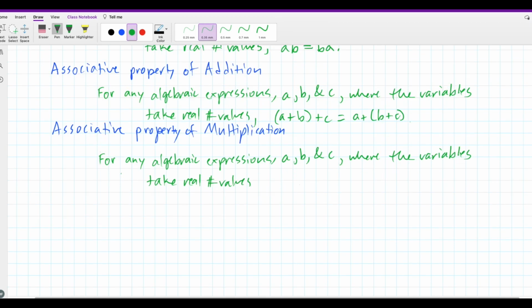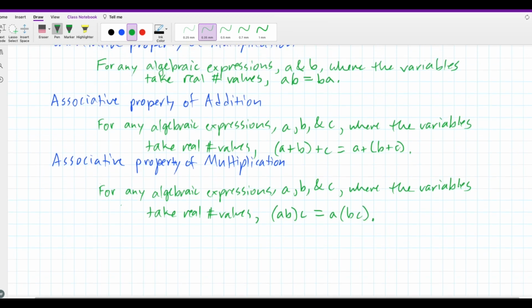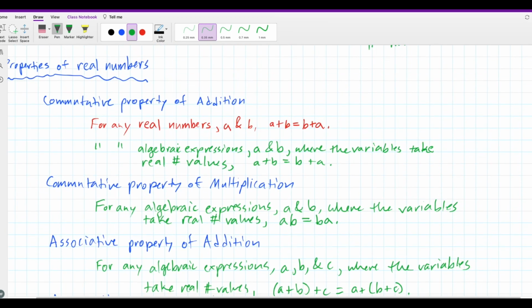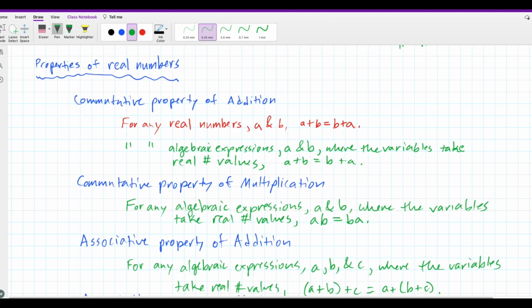The only thing that changes is instead of addition, we're looking at multiplication. So we have the product of a and b times c equals the same thing as if we had multiplied a by the product of b and c. So those are the four properties that deal with one operation each.